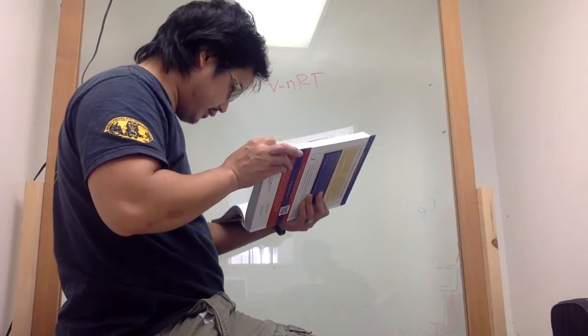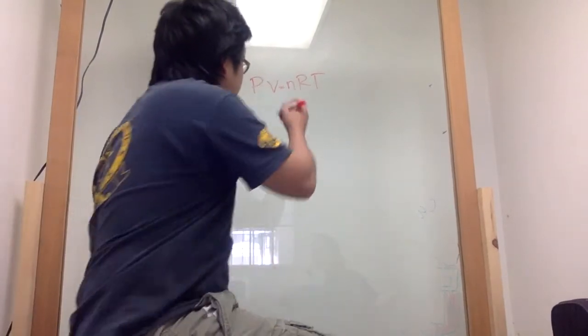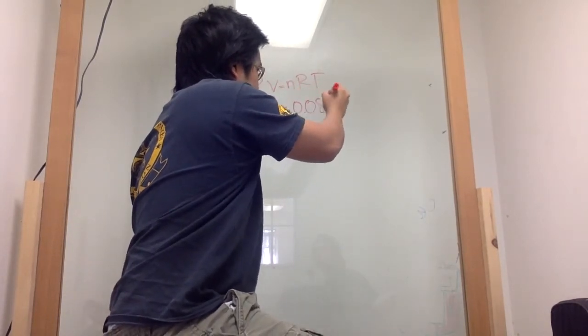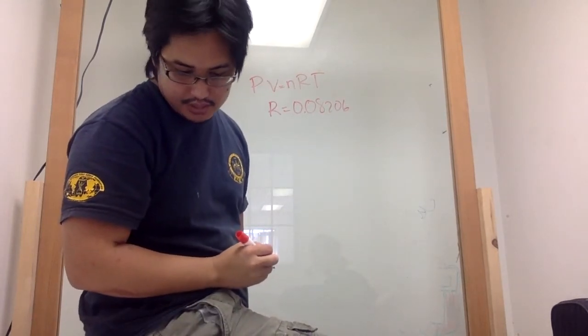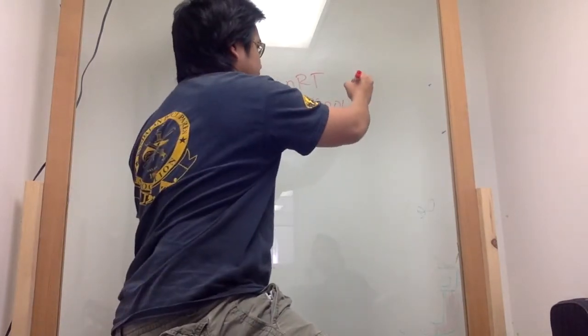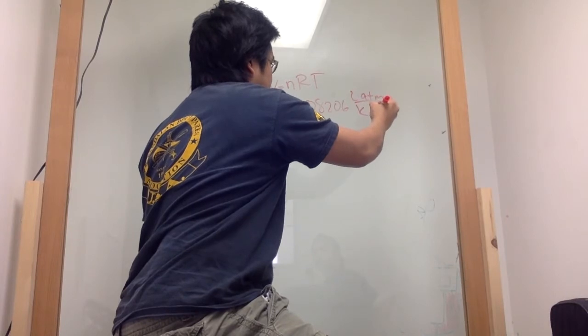Okay, here we go: 0.08206. So R is equal to 0.08206, as measured in liters, atmospheres, Kelvin, moles: liter-atm per K-mole.